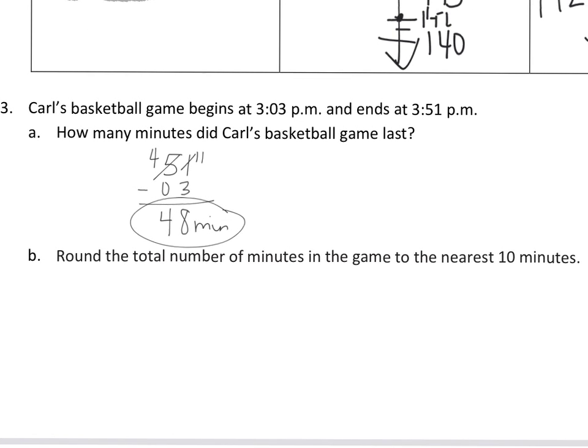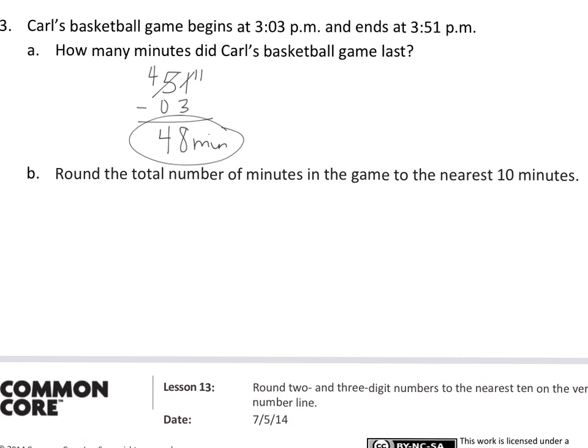Now I need to round the total number of minutes in the game to the nearest 10. So let's draw our number line. My number is 48. So 40, 50, 45.